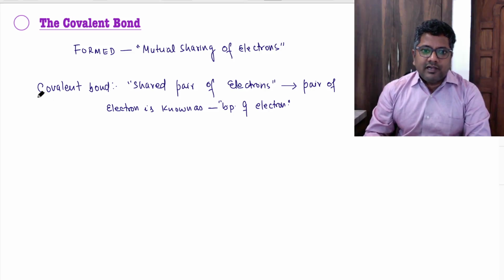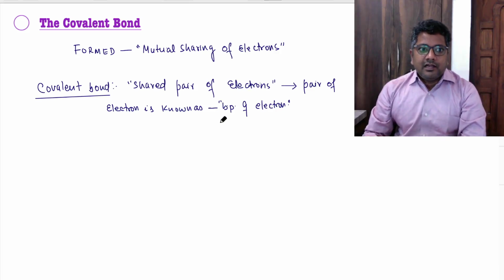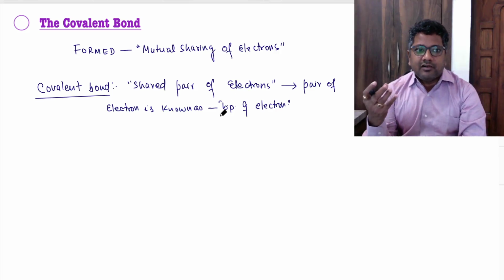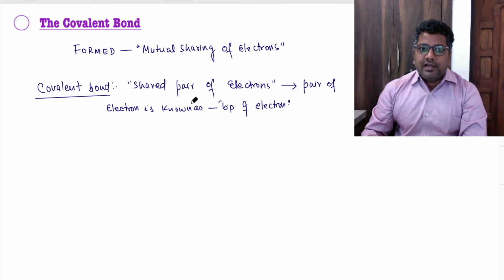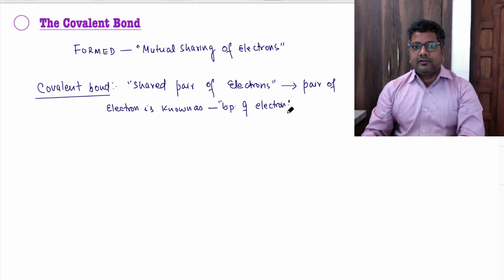The covalent bond is the shared pair of electrons, and the ionic bond is the electrostatic attraction between the ions. And this shared pair of electrons is known as the bond pair of electrons.